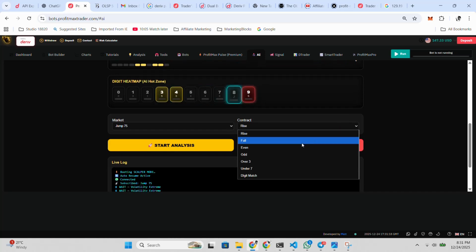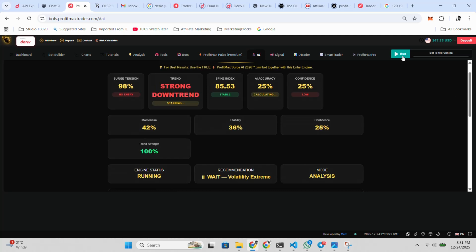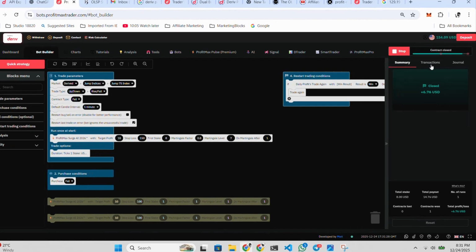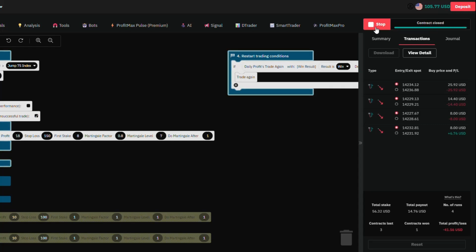So let's see whether we can capture fall. There, we've given an entry, fall. Let's see how it goes. You just monitor, like right now, it doesn't look very nice. Let's see. There, now it has retracted. So we've recovered.